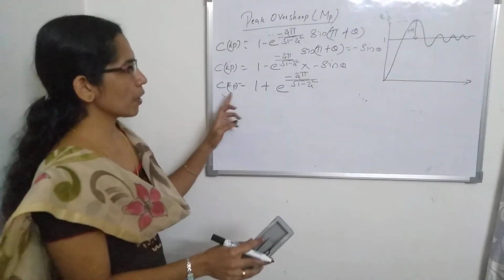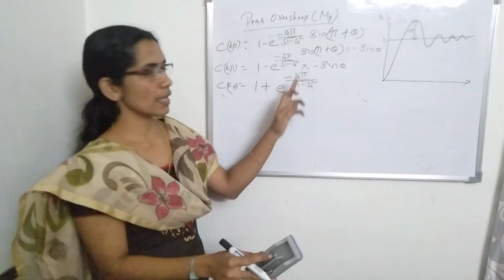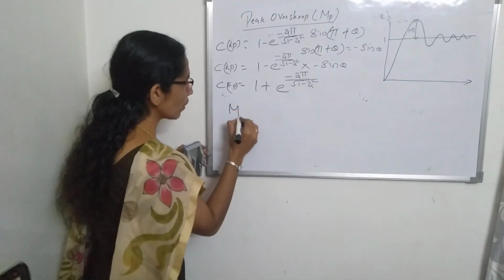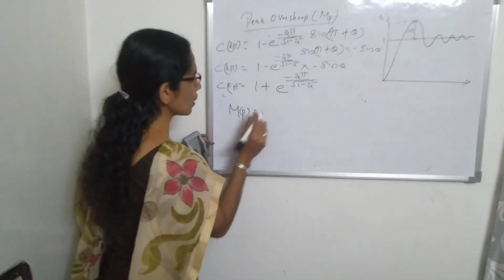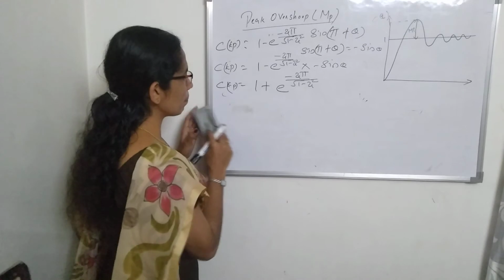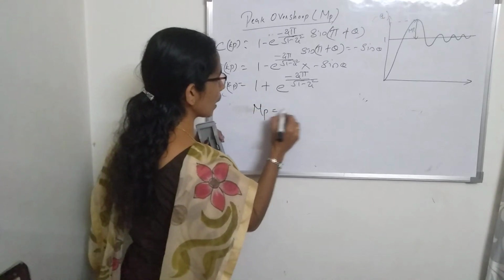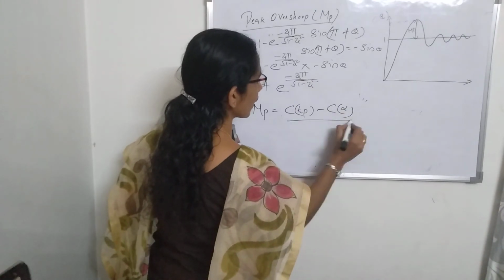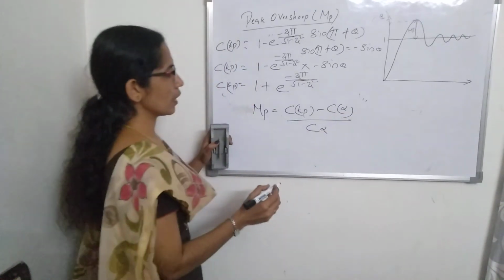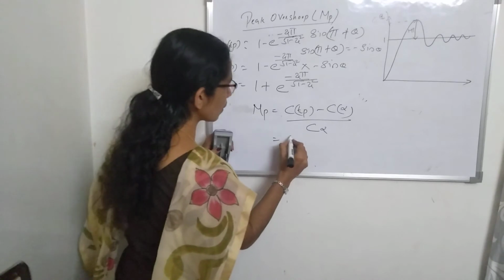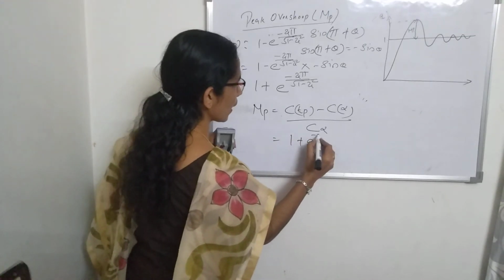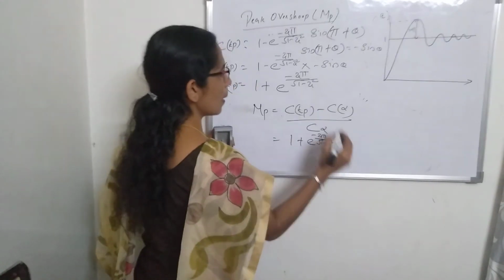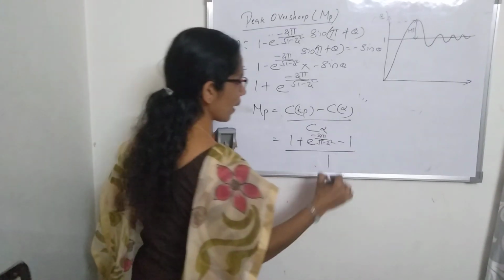We got C of Tp equal to 1 plus e raised to minus theta pi by root 1 minus theta square. We know the equation MP equals C of Tp minus C of infinity divided by C of infinity. So 1 plus e raised to minus theta pi by root 1 minus theta square minus 1, divided by 1.